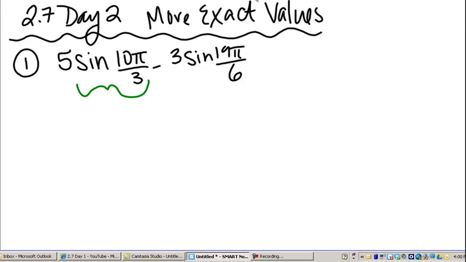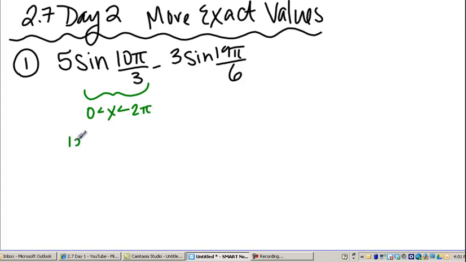Okay? So, first thing we're going to do is get our value of 10 pi over 3. I'm going to make it a little prettier. And we want to get it between the value of 0 and 2 pi, which clearly it's not.